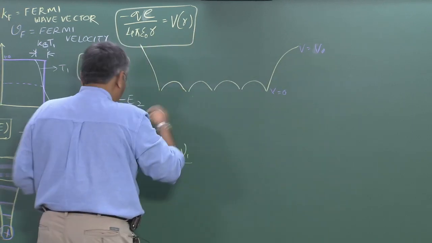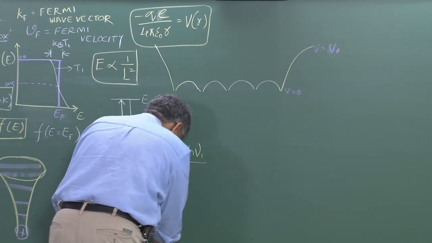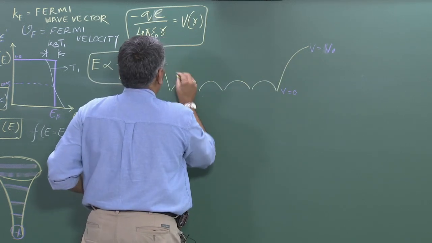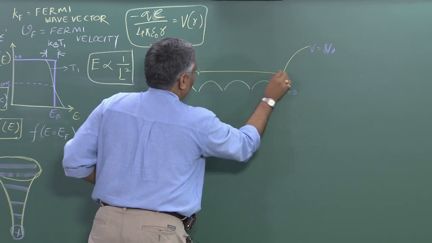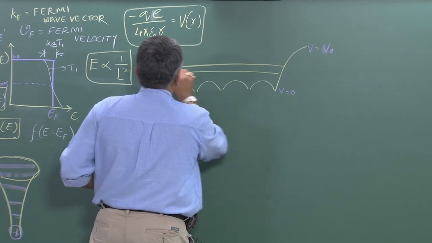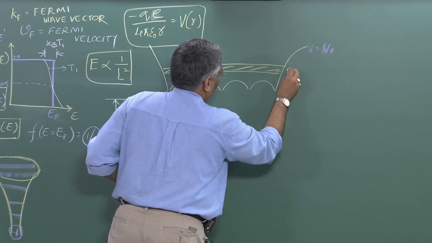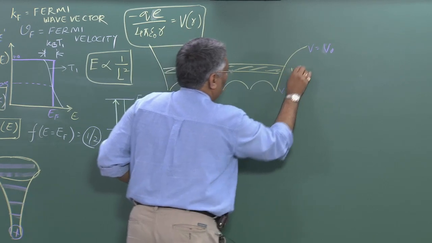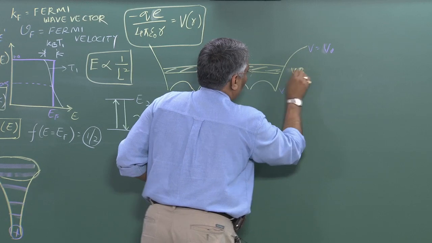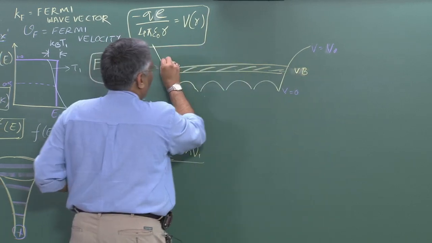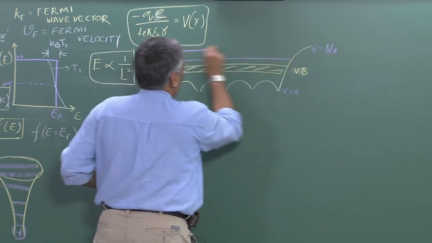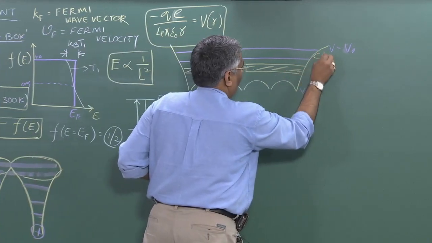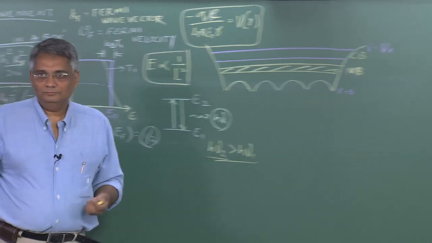Okay, and you have this, so I can call it with all these levels: the conduction, the valence band, and a conduction band.